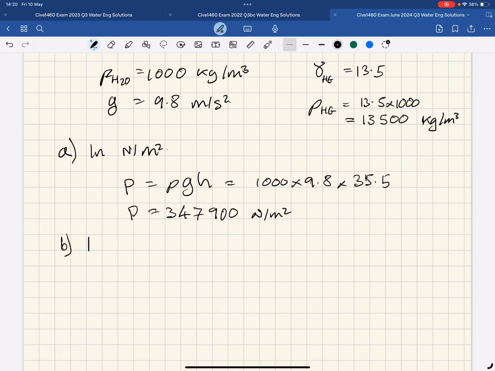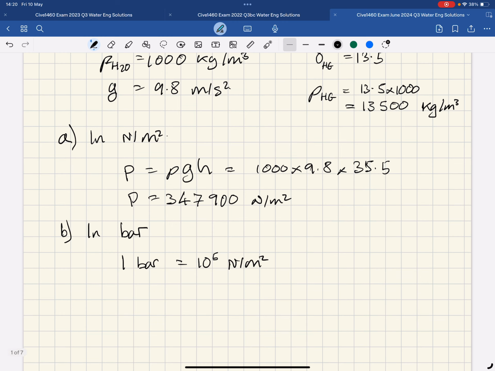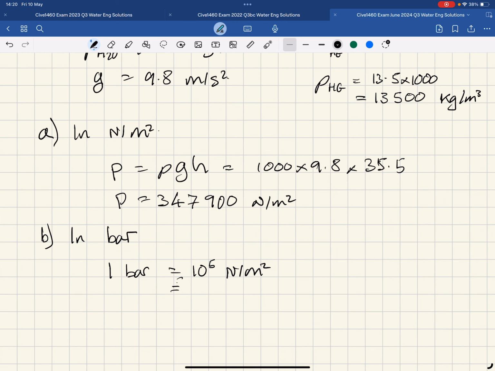B, in terms of bar. Now what do we know? We know that 1 bar equals 10 to the 5 newtons per meter squared, which equals 100,000 newtons per meter squared.